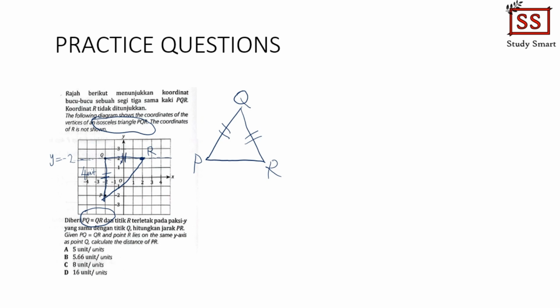Now the question is to calculate the distance of PR. Let's identify the coordinates of P and R. P is -2, -2, and R is 2, 2.